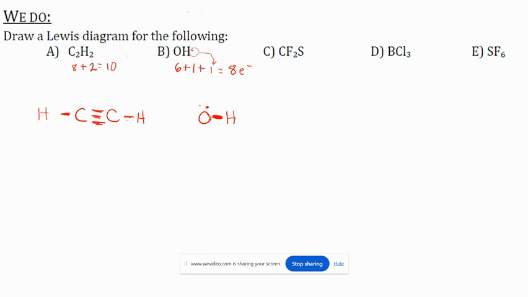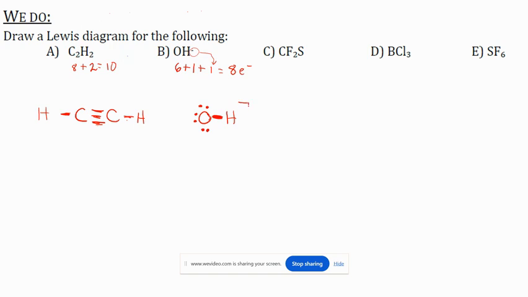I need to fill up my oxygen with lone pairs and get that balanced out. I also need to indicate to my audience, whoever's reading this, that this was an ion. And the way it's drawn right now, they wouldn't know that. Okay?